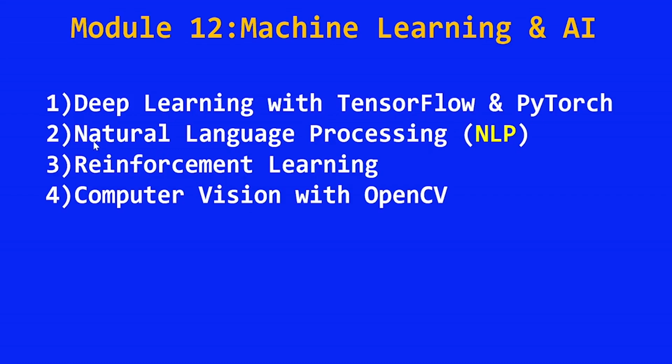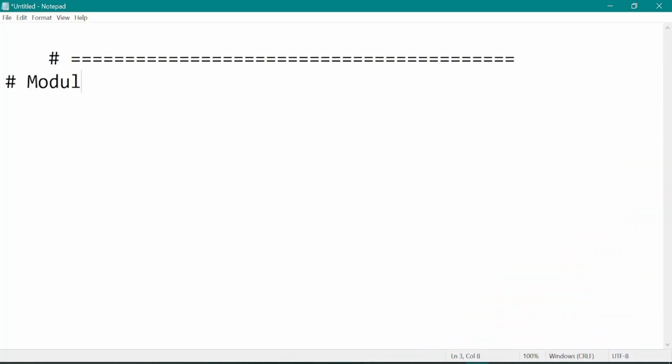In subsection 2, we will look at natural language processing, or NLP for short. In number 3, we're going to look at reinforcement learning. And finally, we're going to look at computer vision with OpenCV. All explanation will be made in the practical section, so stay along with us as we head into that section.